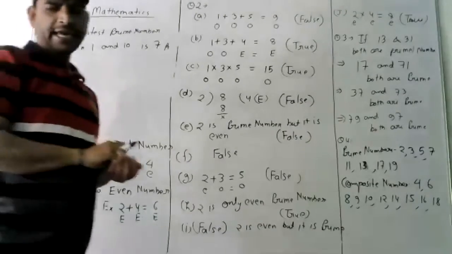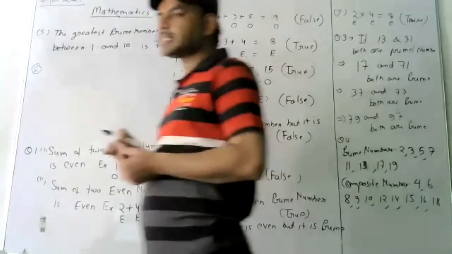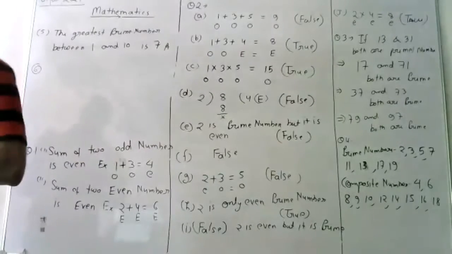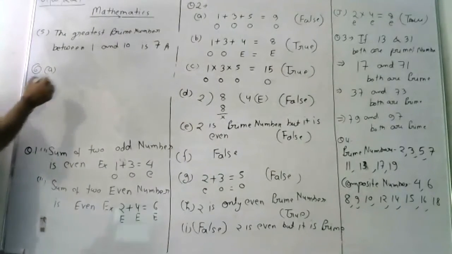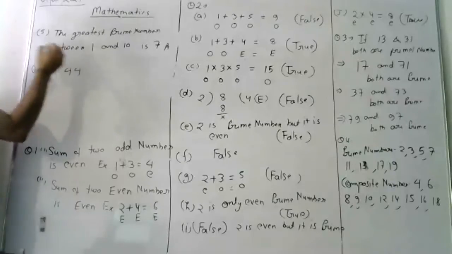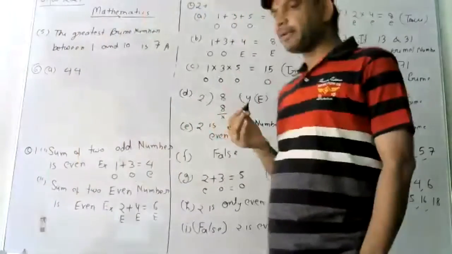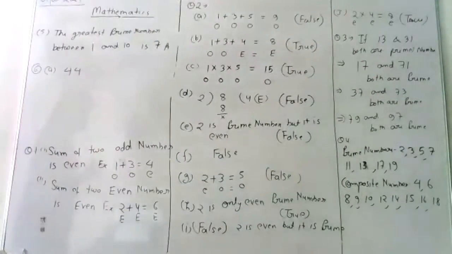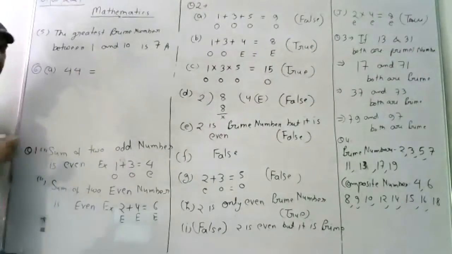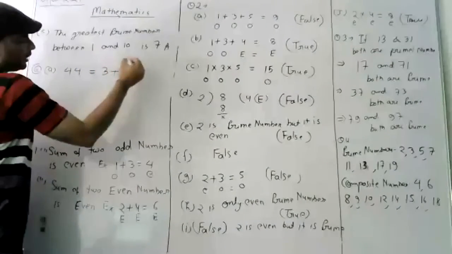Next question, question number 6. Here, there are a few examples. Express the following as the sum of two odd numbers. Now, our number is 44. We have to express 44 as a sum of two odd numbers. Here the first one is 3 plus 41.